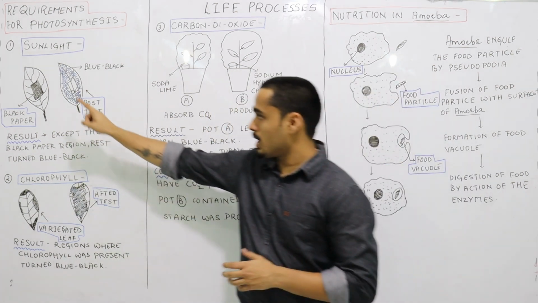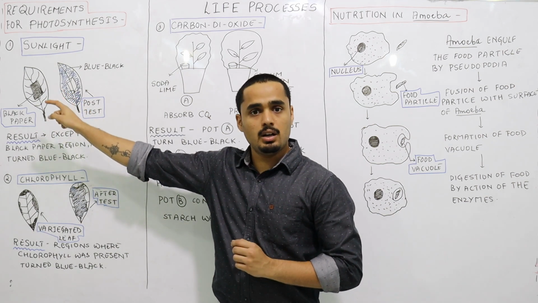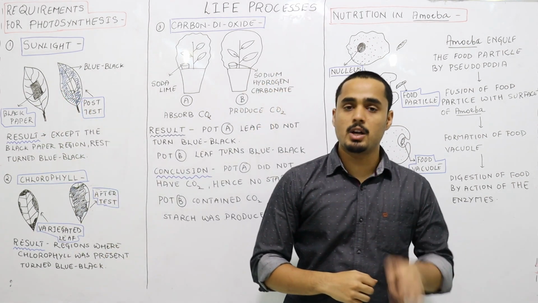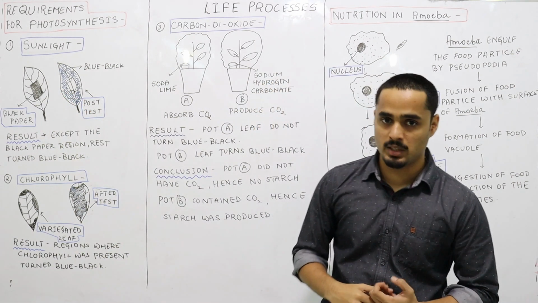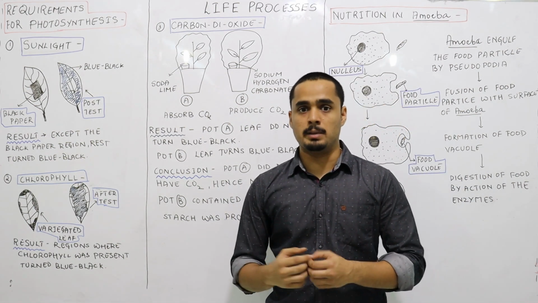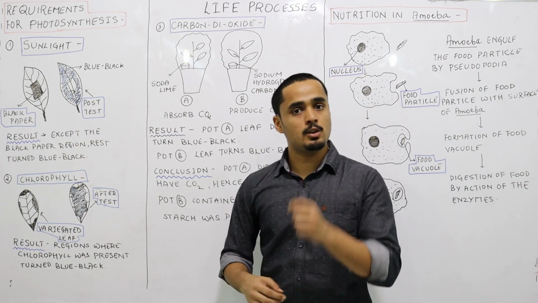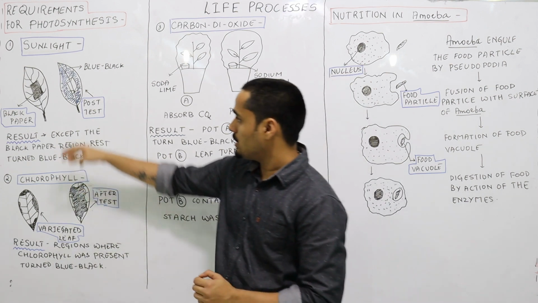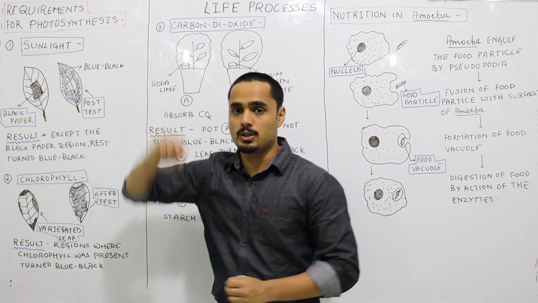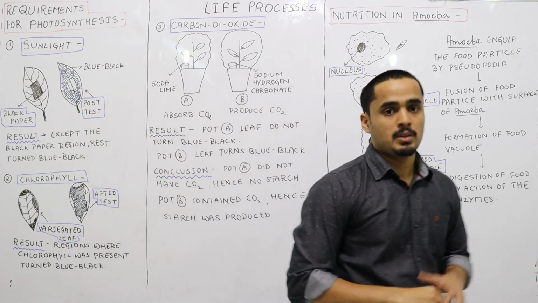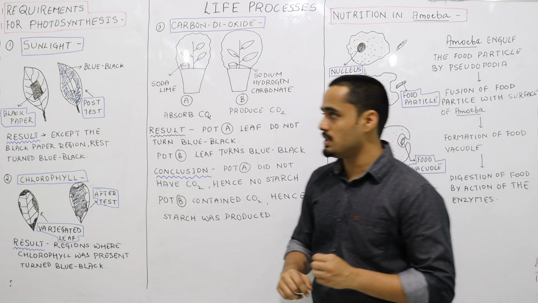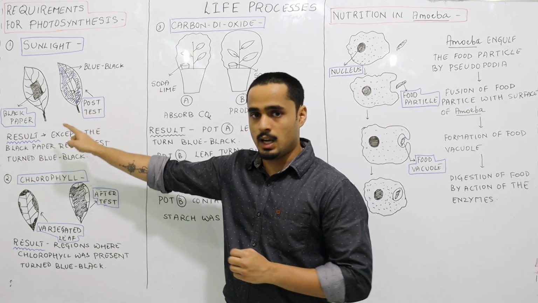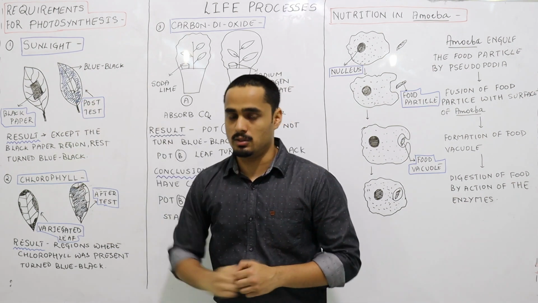The region covered by black paper did not receive any sunlight, and because of that no starch was produced. That means photosynthesis did not take place in the region covered by black paper. That is how I can conclusively say that sunlight is a requirement for photosynthesis.